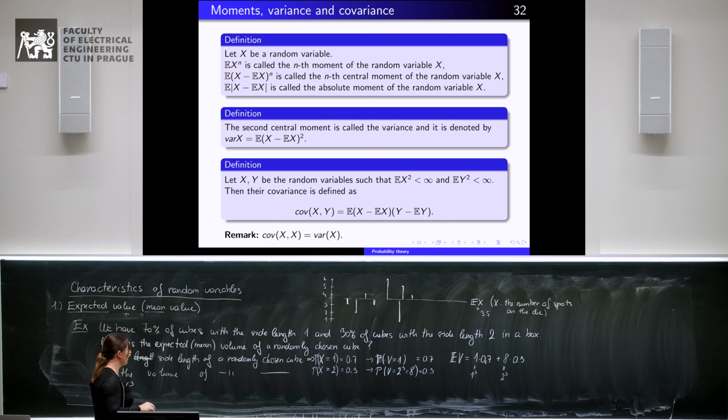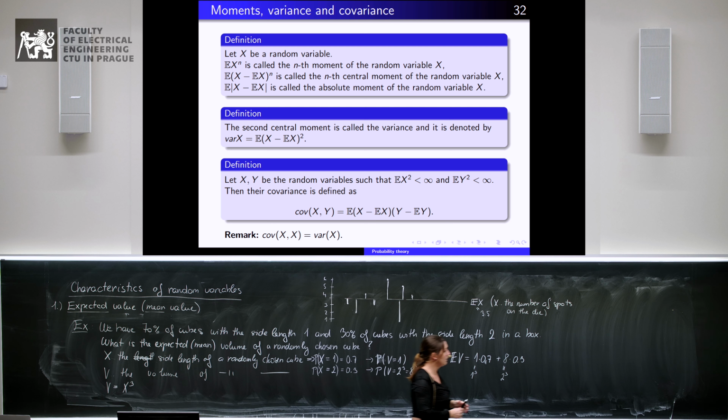Maybe you can ask the question, why don't we use the expected value of x minus the expected value of x, without the absolute value? Because the difference is negative and positive with the same probability.